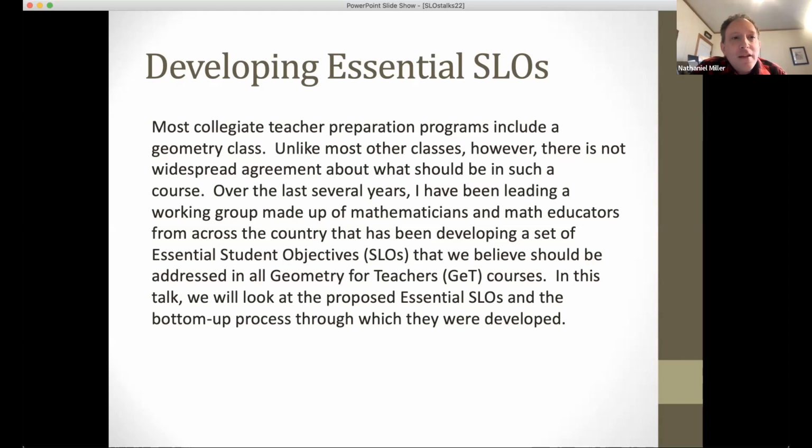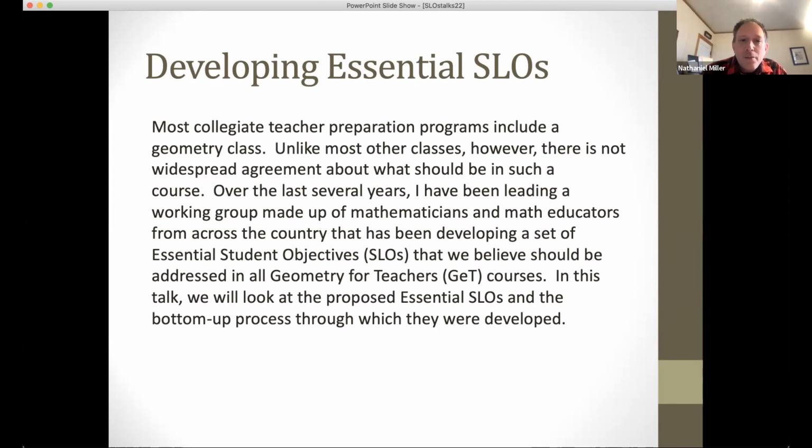Most places that have courses for future secondary teachers have a geometry course, but at different places it's a different thing. And so one way to try to get a handle on what should be in such a course is to try to come up with some kind of minimum of what some group of people think should be in such a course.